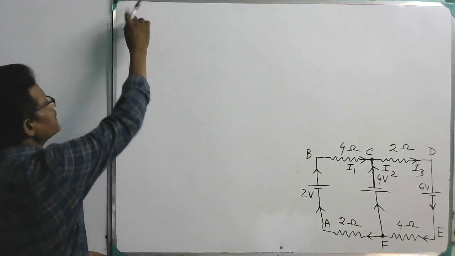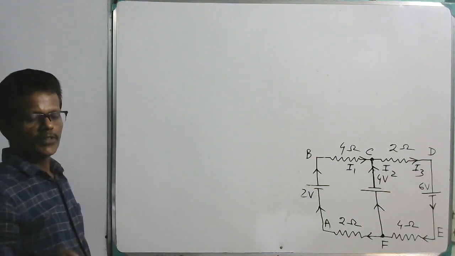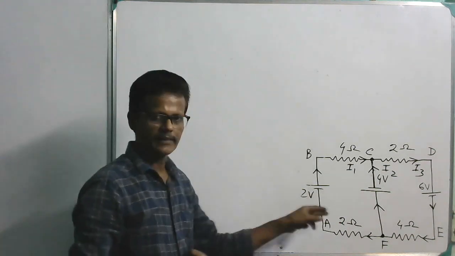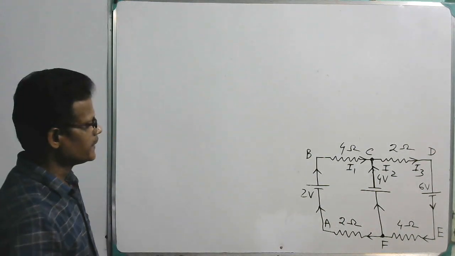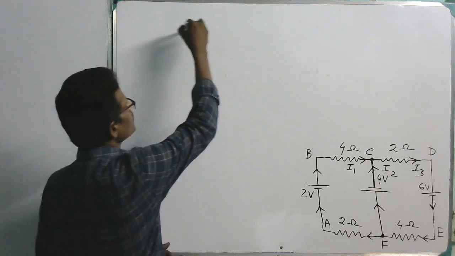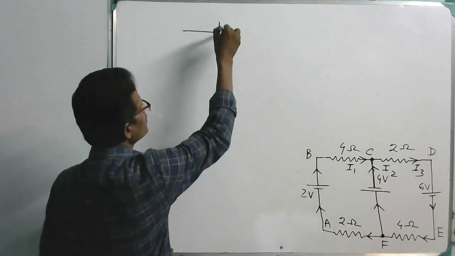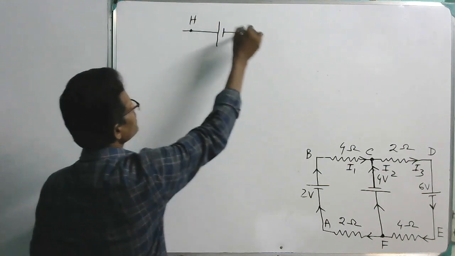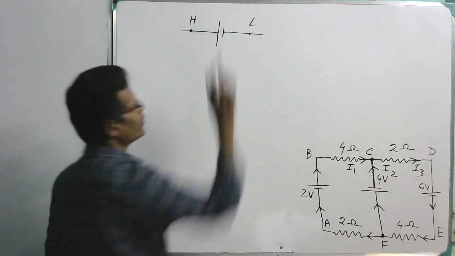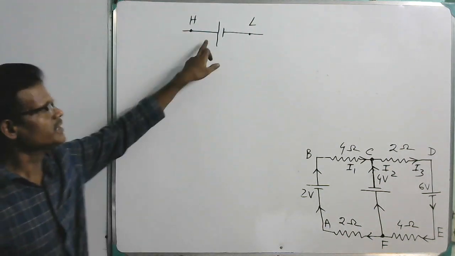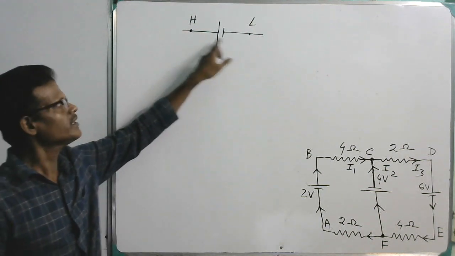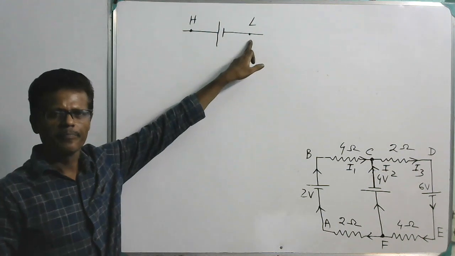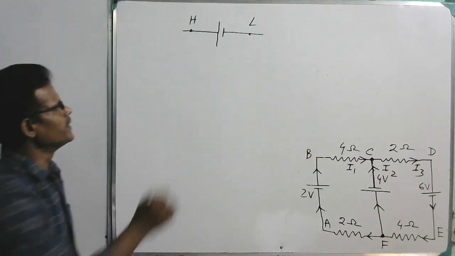See, the other two rules are for the EMF of the cell. Suppose this is a cell. This is at the higher potential point H, and this is the lower potential point L. The positive terminal is at higher potential compared to the negative terminal.